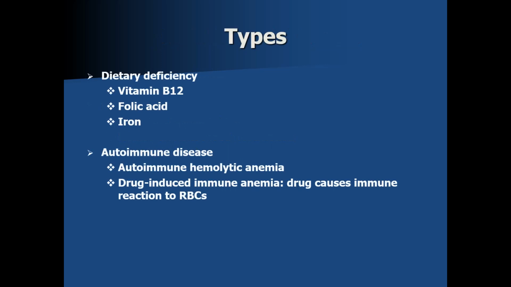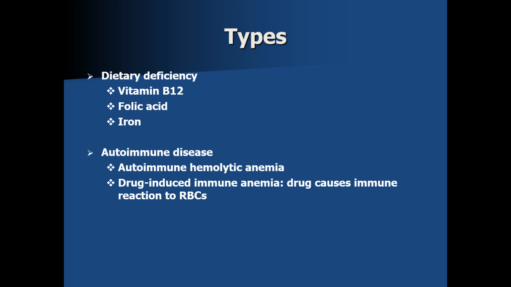There are various types of anemia as classified by their etiologies. These include anemias due to dietary deficiency, such as deficiencies in vitamin B12, folic acid, and iron.